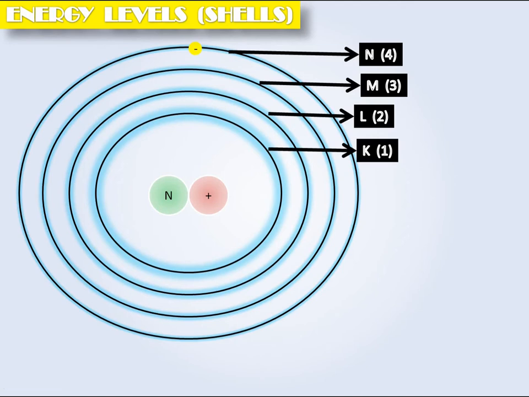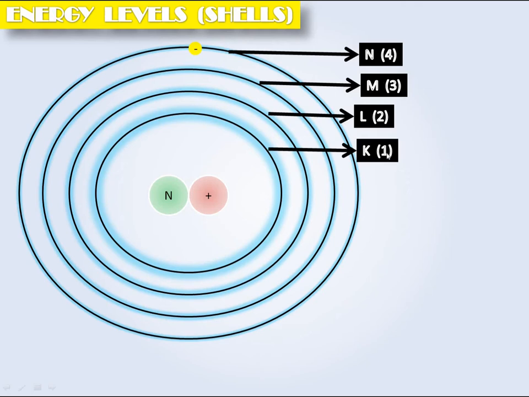K being the lowest energy level means it's the energy level that has the lowest energy, and it's represented as 1. Then the next energy level up, L, is represented as 2. Then M, the higher energy level, is represented as 3, then N is represented as 4, and it goes on like that.